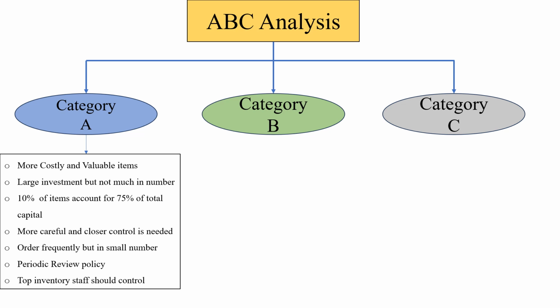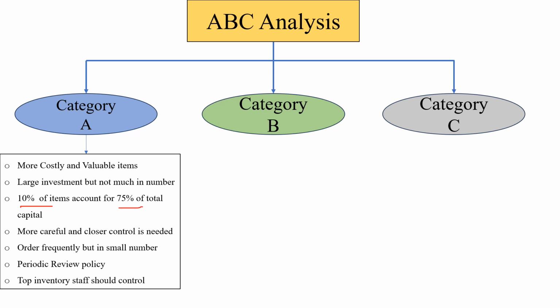Say 10% of items account for 75% of the total capital investment. For category A, we have to make a large investment, but from the number point of view, it is a very small number.